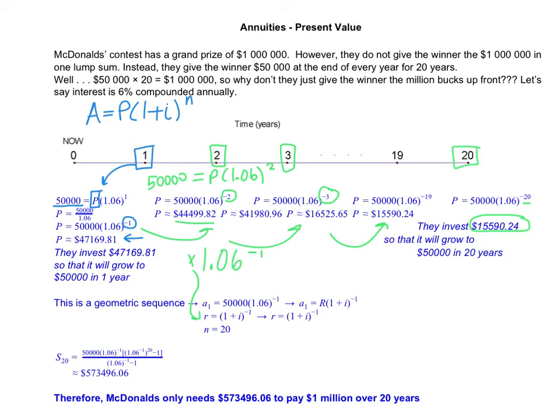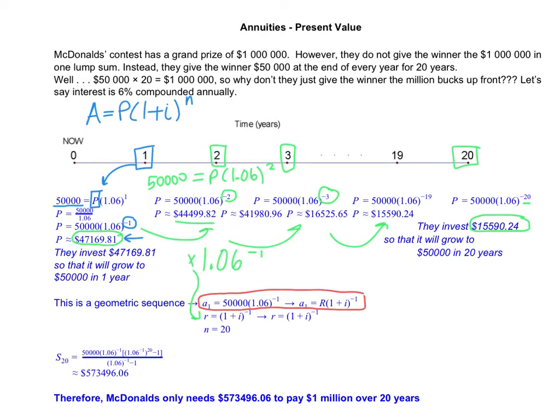Okay, so thinking about geometric sequences again, just like with future value. Now our first term is not actually the 50,000, because if we look at our first term, this is our first term here. How did we get it? By multiplying the regular deposit by 1.06 to the -1. So this is what our first term actually ends up being.